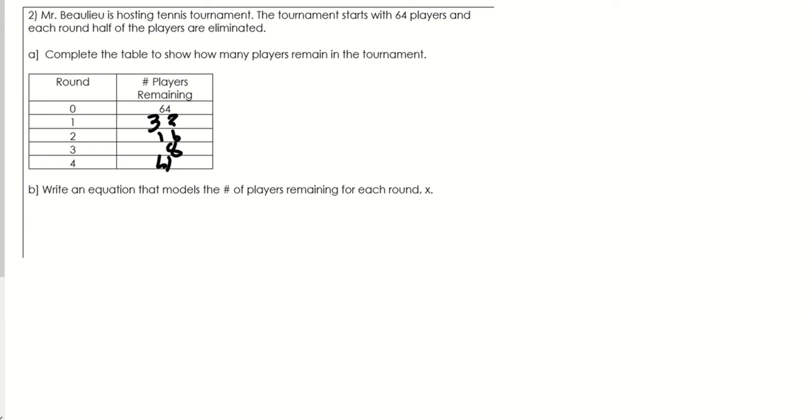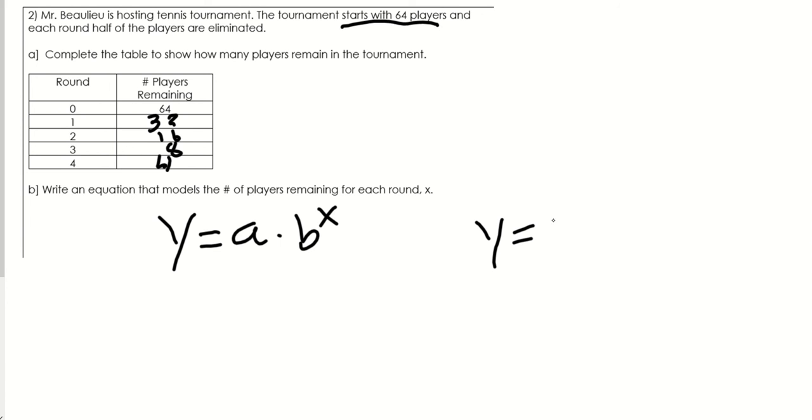My equation is y equals a times b to the x, with the numbers for this equation. A is my starting amount. I start with 64 players. B is my constant multiplier, half, because half of the players are being eliminated.